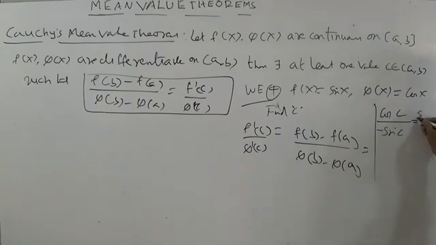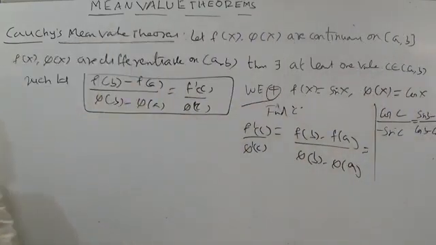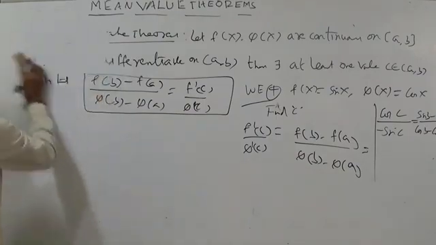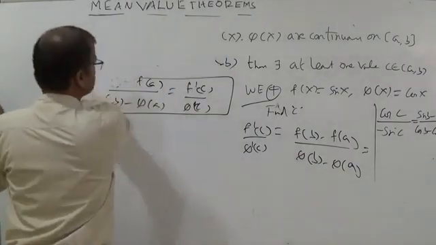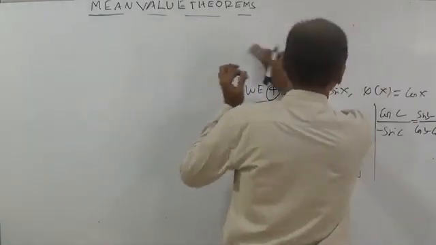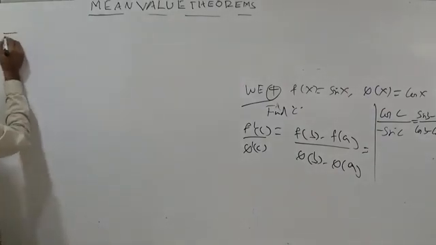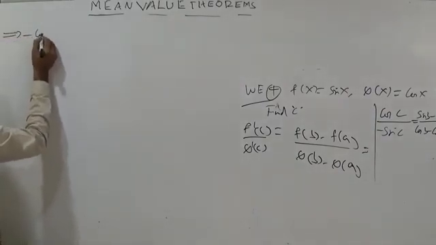Simply sin b, sin b minus f of a, sin a, by cos b minus cos a. So we can write f dash c by phi dash c as minus cos c by sin c, that implies minus cot c.